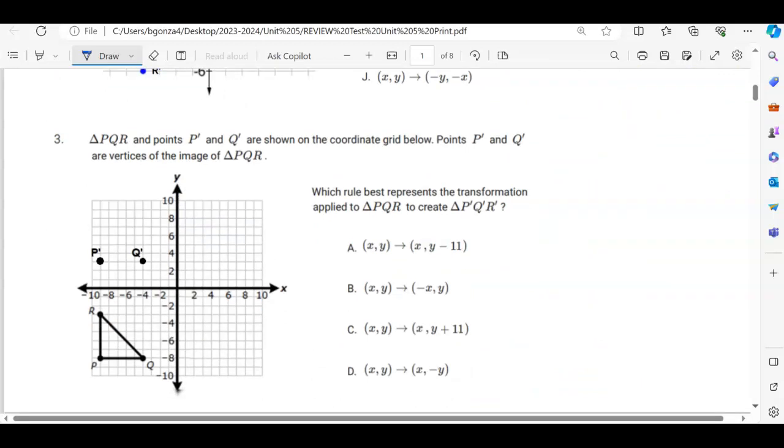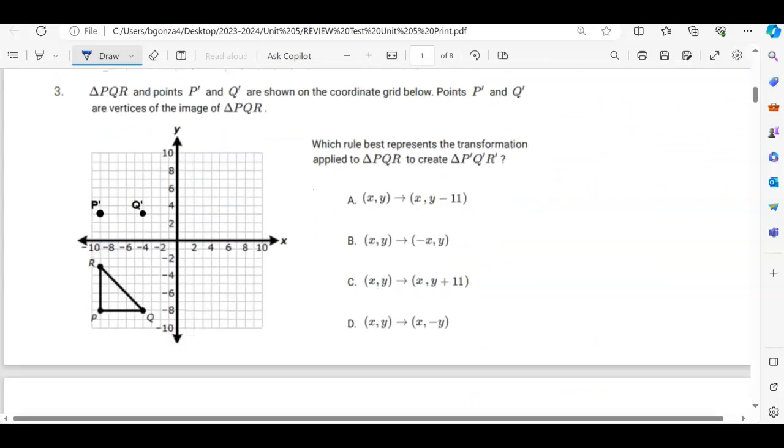All right, number 3. Now look, PQR is down here, and it says points P prime, Q prime are shown on the coordinate grid. Points P and Q are vertices of the image of PQR. Which rule best represents this? Now look, P and Q, it kind of looks like it's been reflected, right? It kind of looks like it flips across this line.